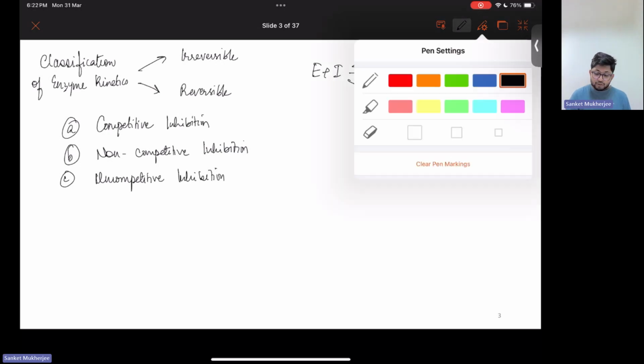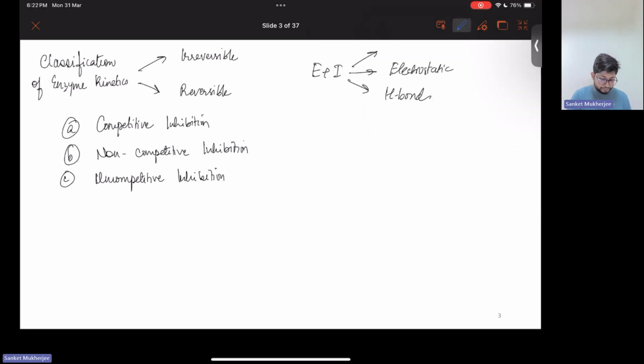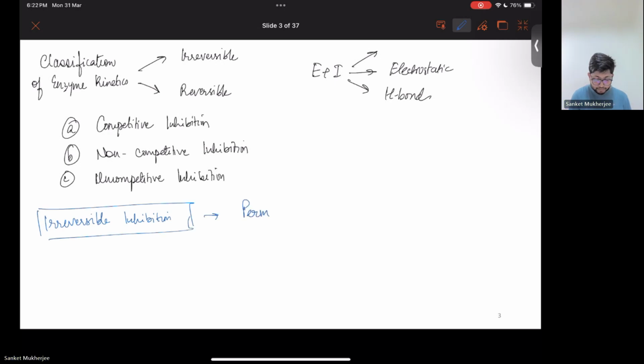So when we are talking about irreversible inhibition, it's usually permanent, right?